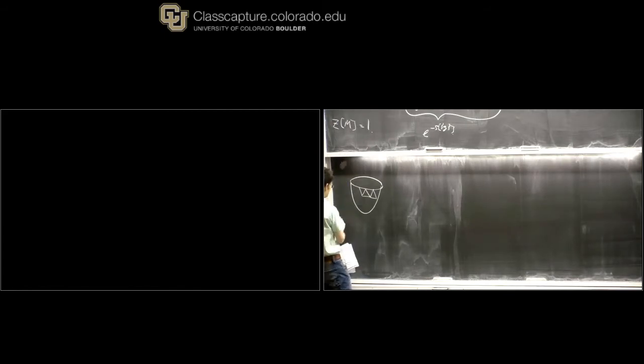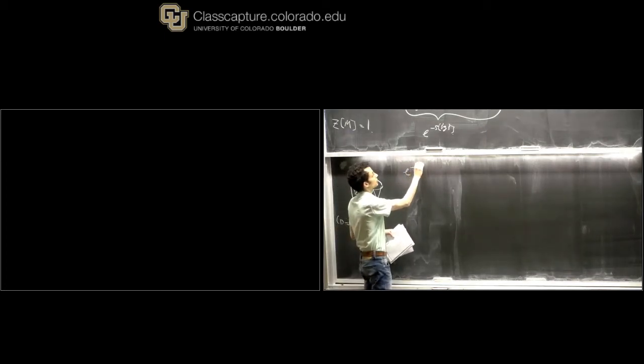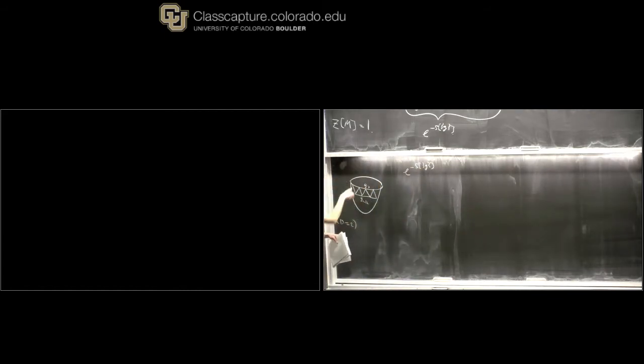There are group elements sitting on vertices away from the boundary and on vertices on the boundary, so there's g bulk and g boundary. My claim is that e to the minus S of g, the action, only depends on the group elements on the boundary.